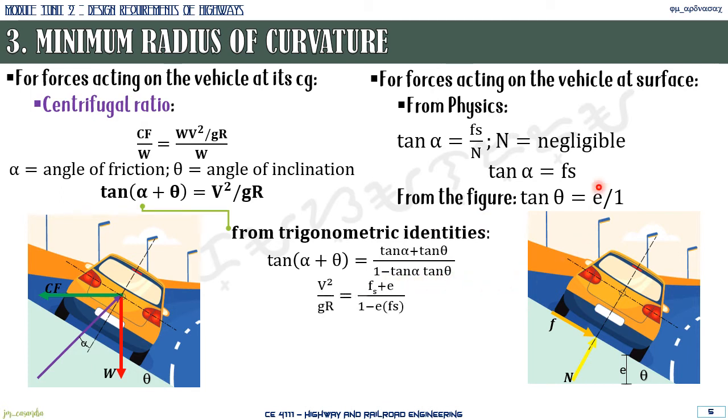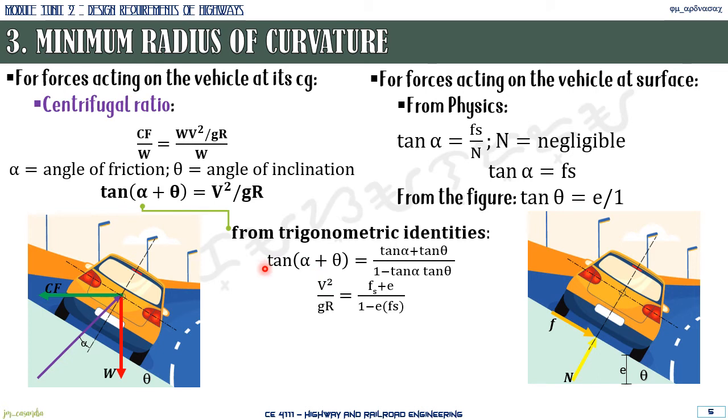From this side of our derivation, tangent alpha is equal to Fs, and tangent theta is also equal to E. So substituting our values, we have Fs plus E divided by 1 minus E times Fs.